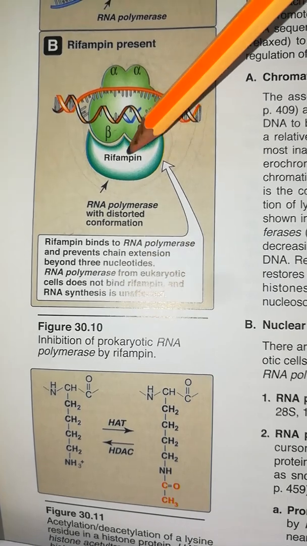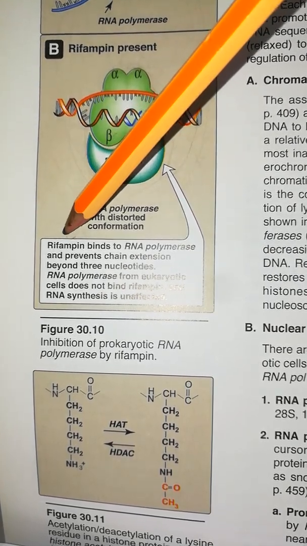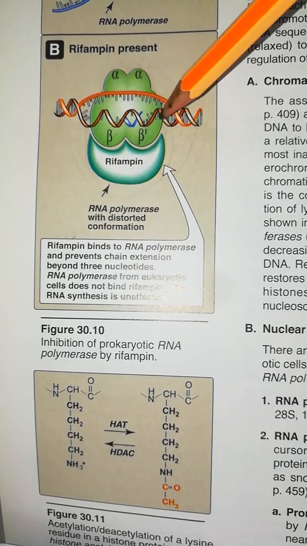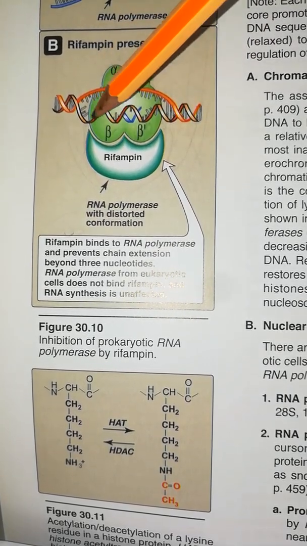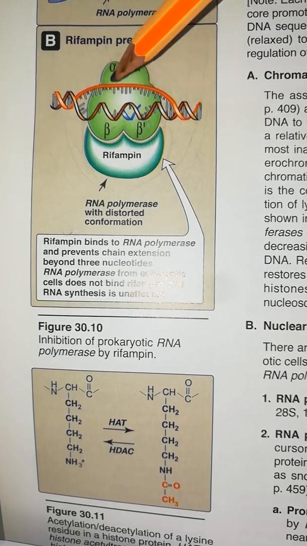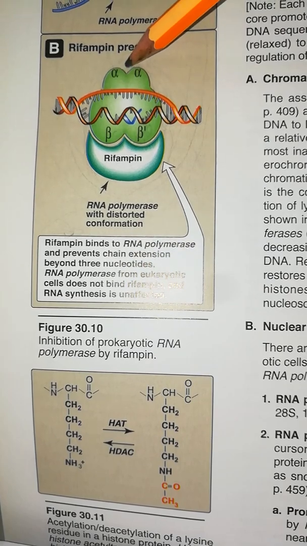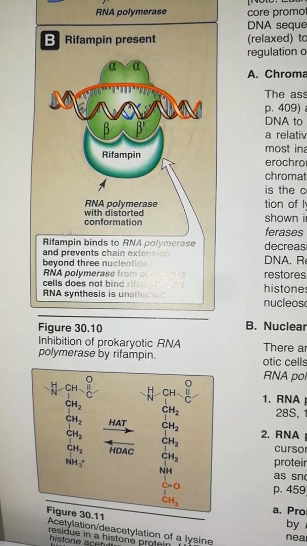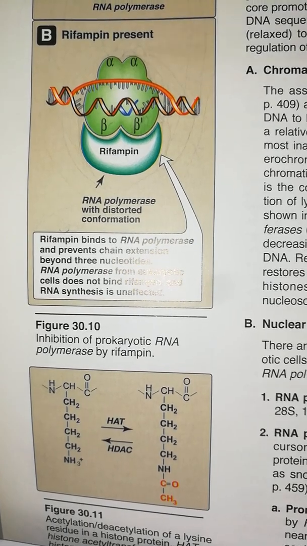So if we inhibit this beta prime subunit by the action of the rifampicin antibiotic, a phosphodiester bond between this holoenzyme and the DNA strand is not possible, and polymerization is not possible. So RNA synthesis is inhibited, and ultimately protein synthesis is inhibited.